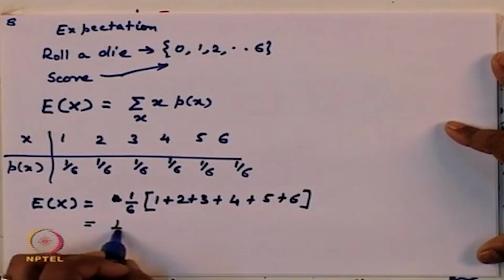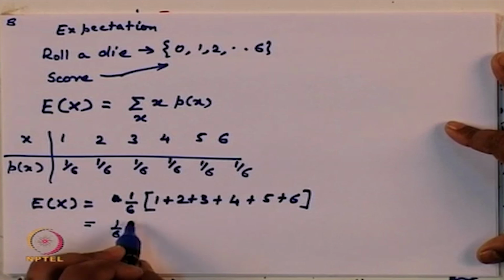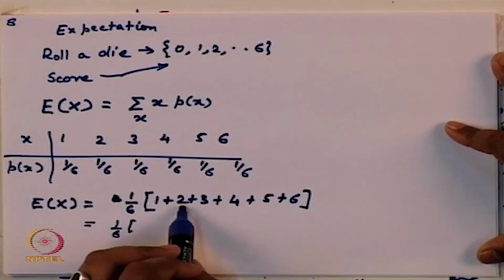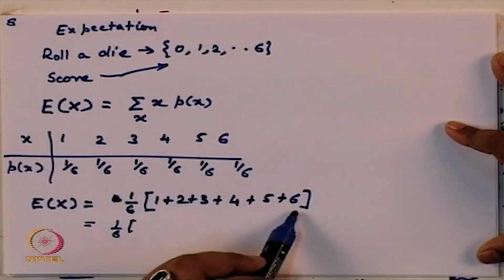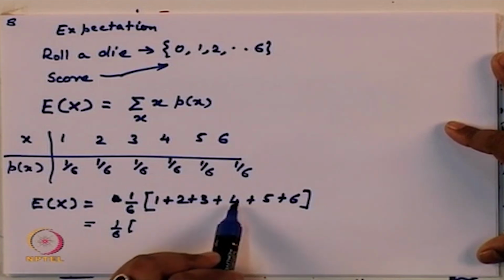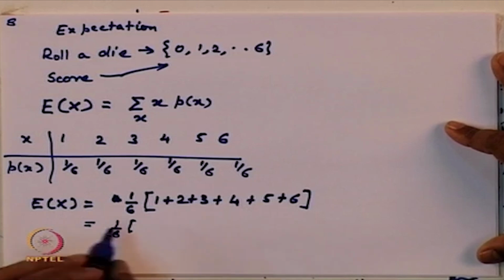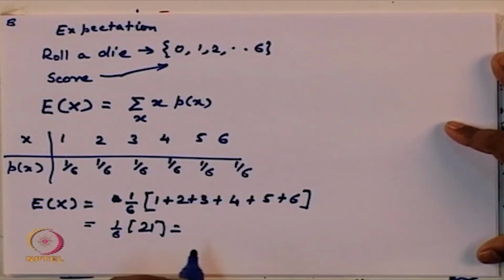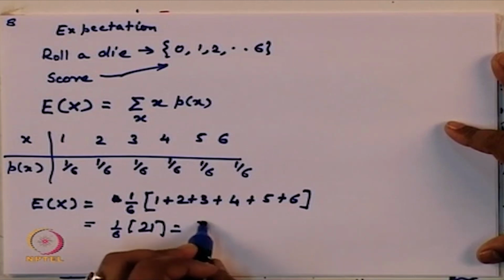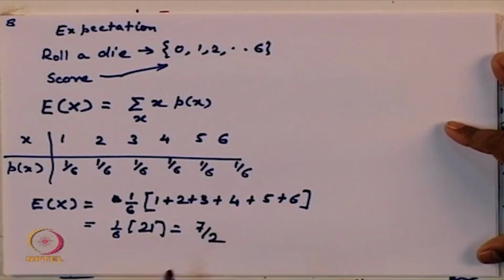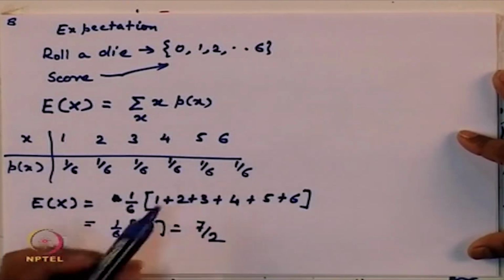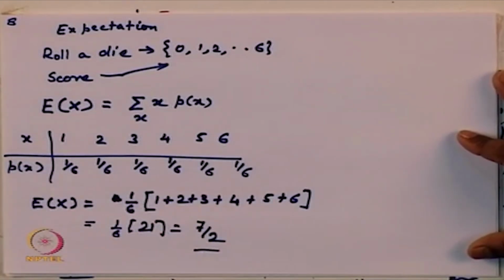So, what value do I get? 3, 6, 6, 12, 16, 21. 21 by 6 I can simplify, it comes to 7 by 2. So, if you look at your values of x, what is this value 7 by 2?